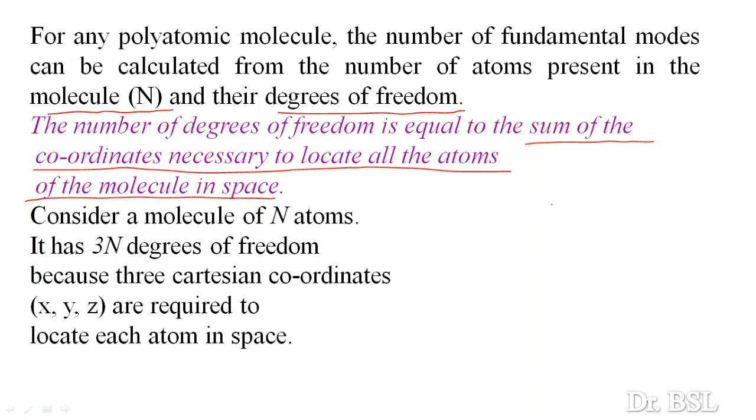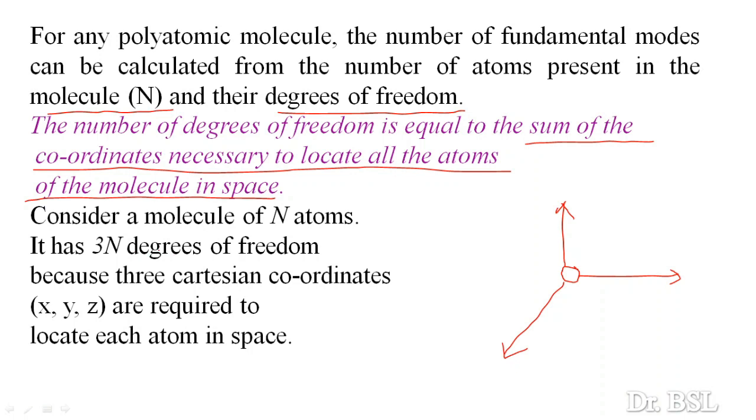So generally, if we want to locate a point, for that we require three axes or three coordinates x, y, and z. So it has 3n degrees of freedom.